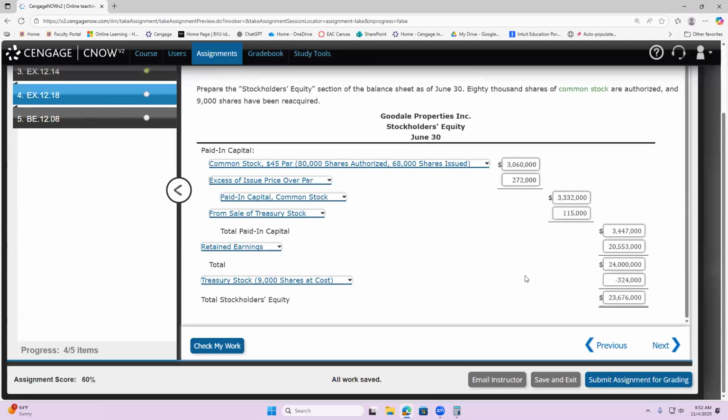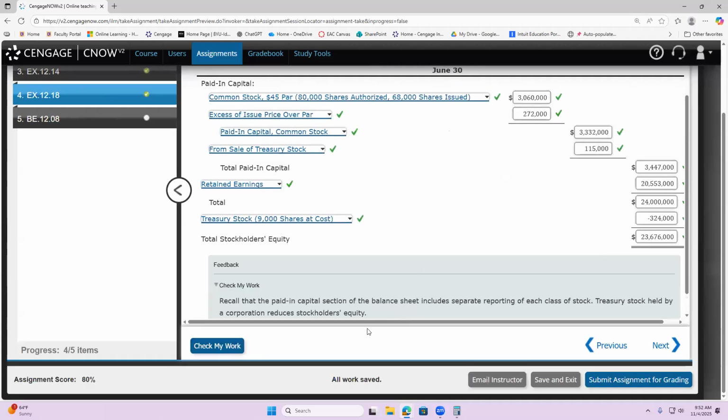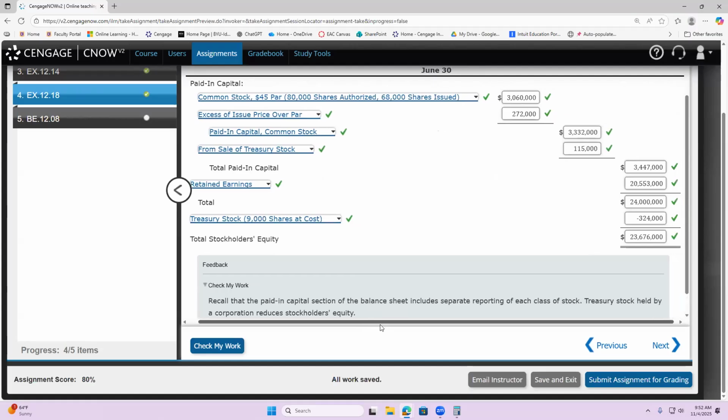So again, all this was intended to do is show us, with all of this additional detail, that this one doesn't have any preferred stock, but we're always going to have the stock plus any paid in capital over par listed first. Then if we made any additional money from sale of treasury stock, all those will add up to our total paid in capital.